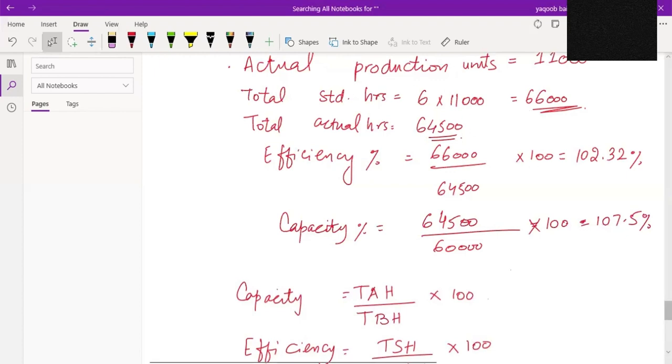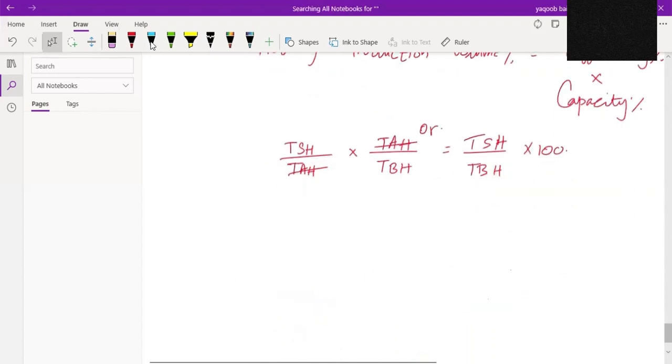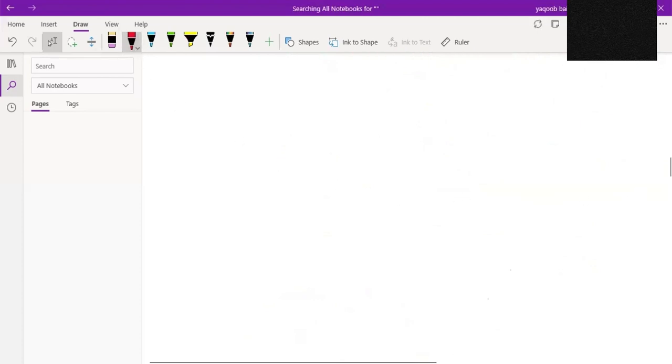So the total standard hours, 66,000, divided by 60,000.